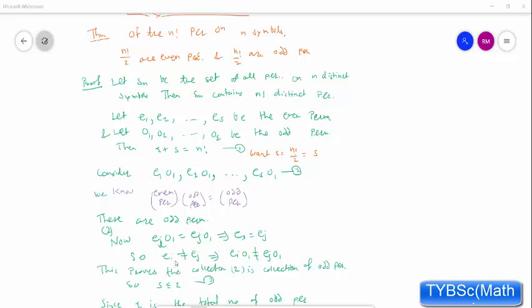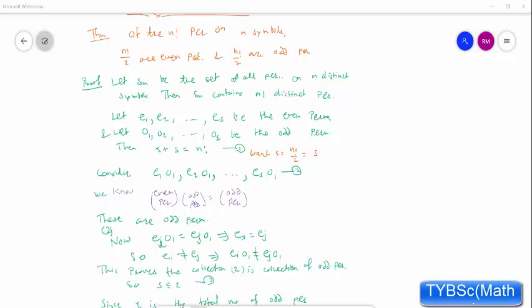So if EI and EJ are distinct, then EI O1 and EJ O1 are also different, because P implies Q, so negation of Q implies negation of P. This is our statement P, and this is Q. So in short, they are distinct, and we can conclude S is less than or equal to R.